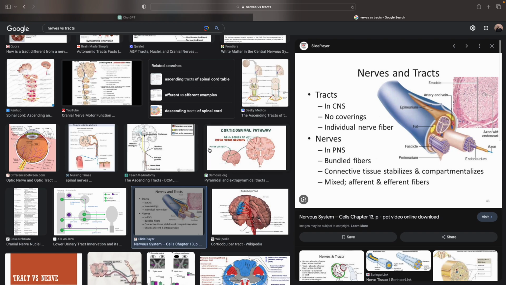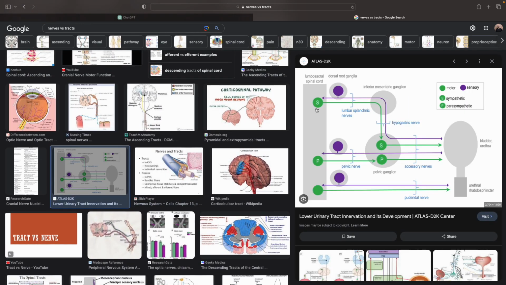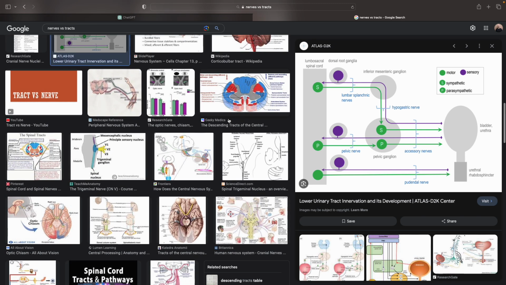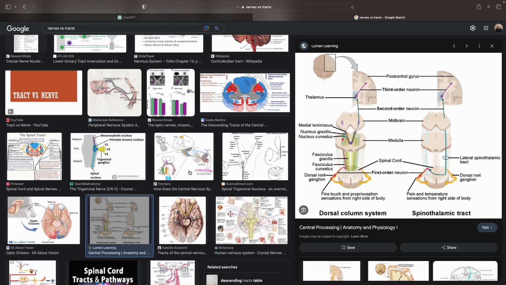It says no coverings here, but they have myelin sheaths. I don't know why, but I get this feeling of medical information not being on the same page at all.